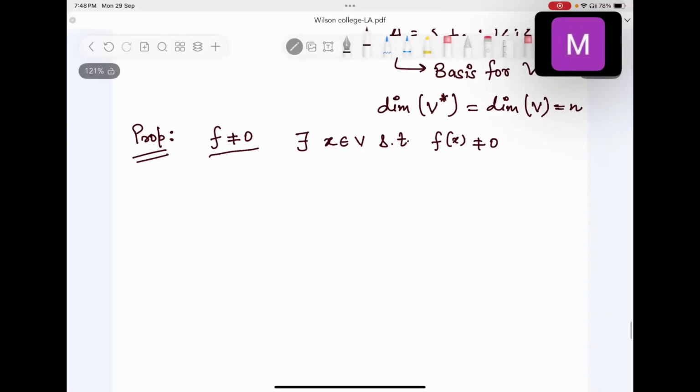Now what can you say about the rank of this f? Here we are taking the dimension of V as n. Even you don't need this one also.